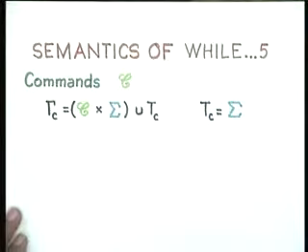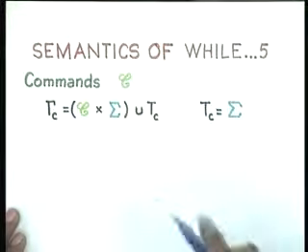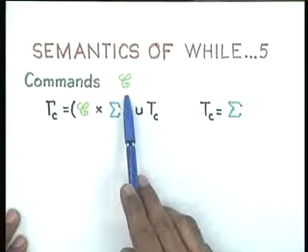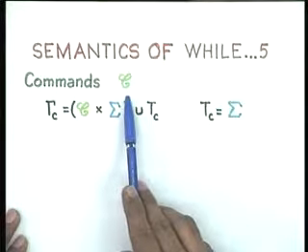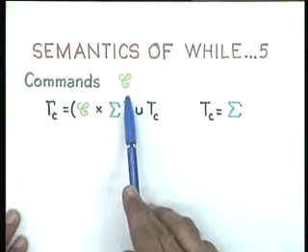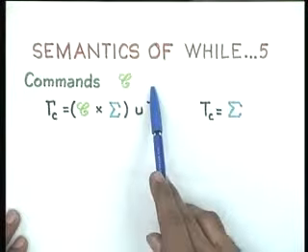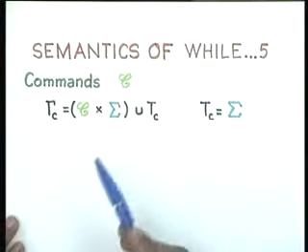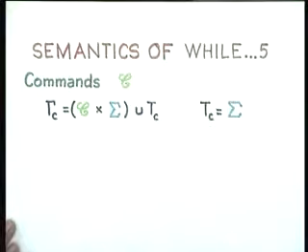Okay, so what about the set of configurations? The set of configurations is just the set of commands. As usual, I'll use this script C to denote the set of all possible commands, small c to denote the syntax tree of an arbitrary command.